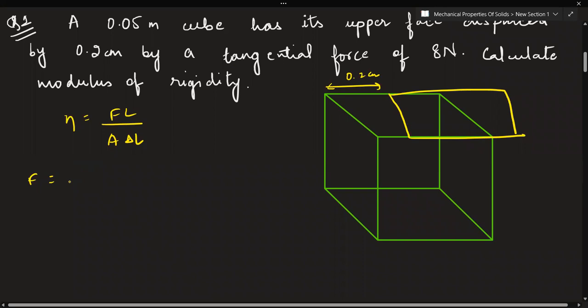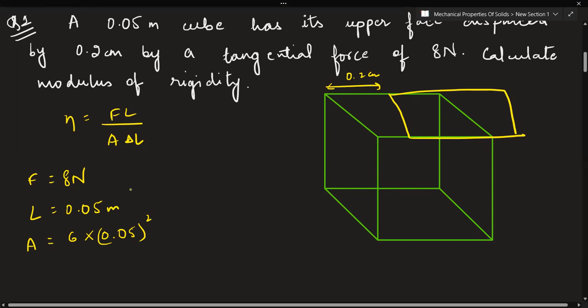8 Newton. 8 Newton. What is L? This L length. 0.05 meter. Yes, 0.05 meter. What is A? 6 into 0.05 whole square. Why? Because we have to find the area of the cube.